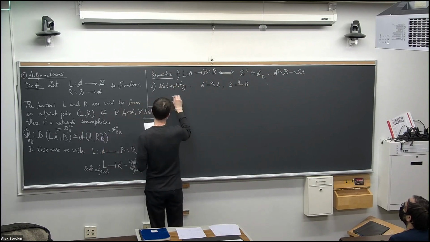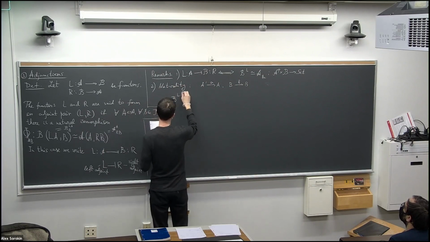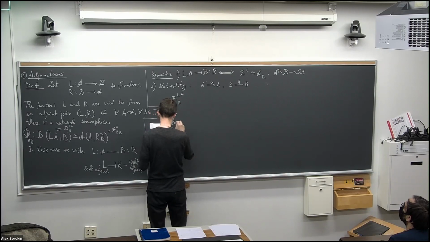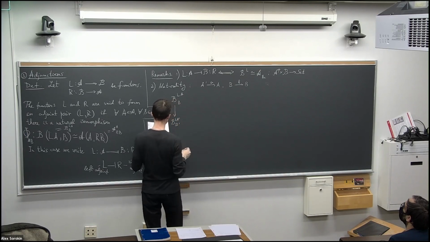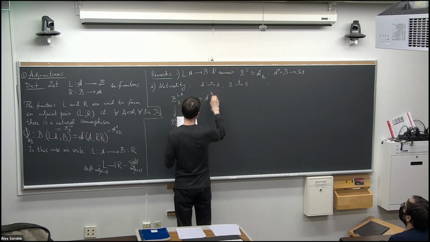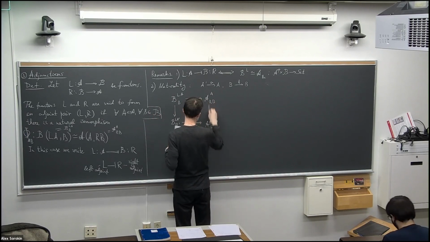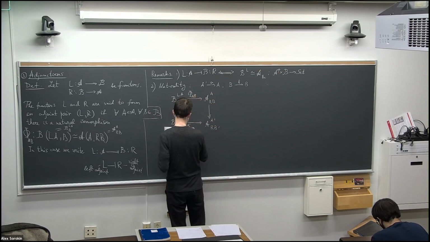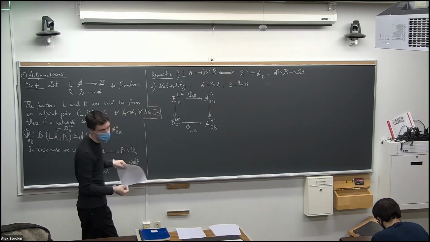Here will be hom of LA, B, here hom of L A prime, B, here hom of A, R B, here hom of A prime, R B, with our phi, and here phi prime for B prime.